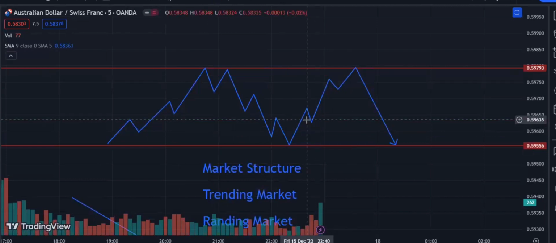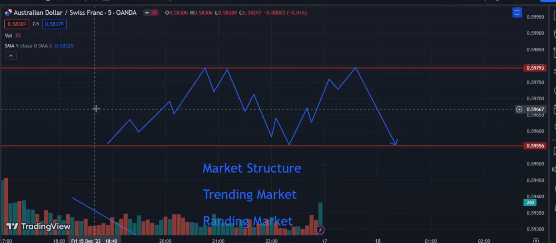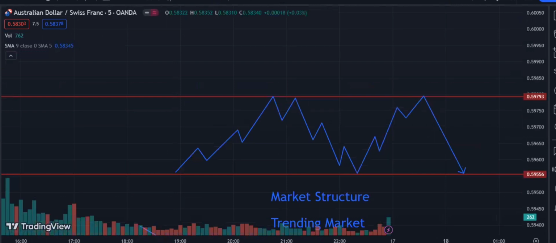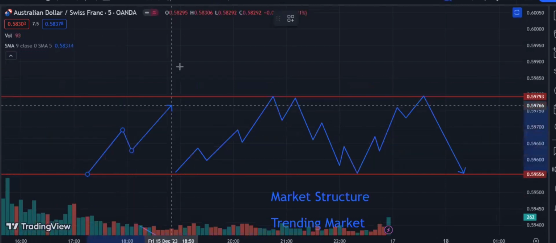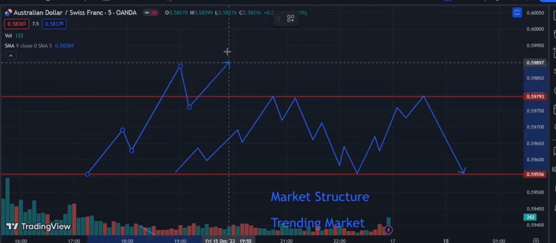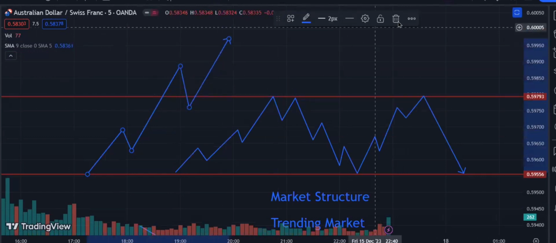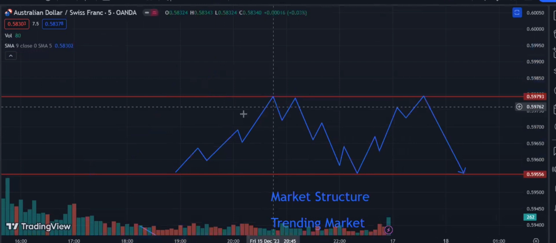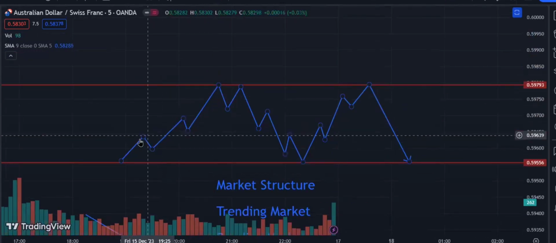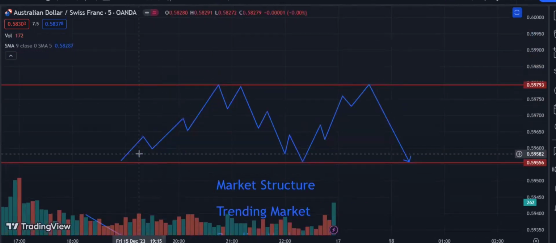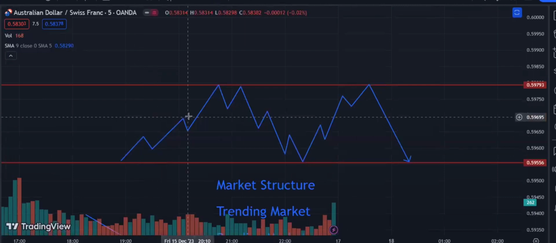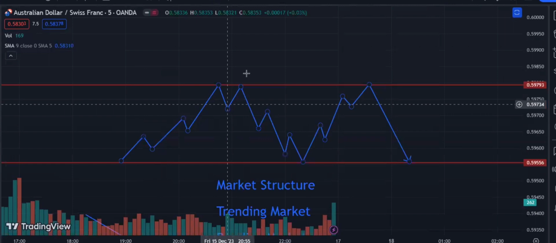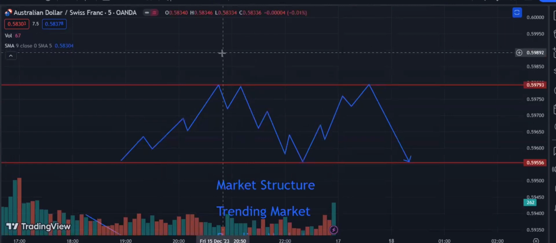When the market makes a series of higher highs and higher lows, we can say that it is a trending market. But in this particular market condition, there is nothing consistently taking the market upward in a pattern of higher highs and higher lows.